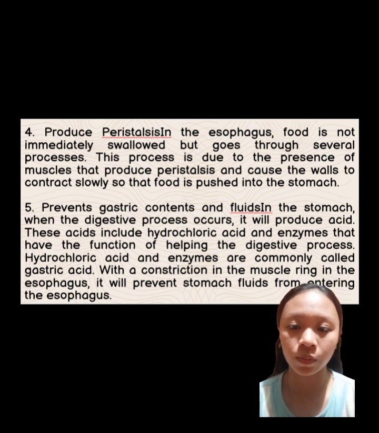Hydrochloric acid and enzymes are commonly called gastric acid. With a constriction in the muscle in the esophagus, it will prevent stomach fluids from entering the esophagus.